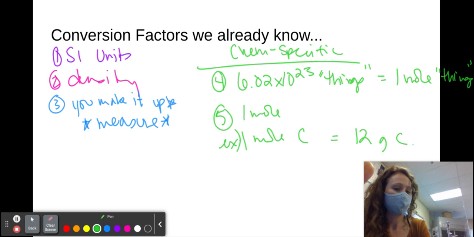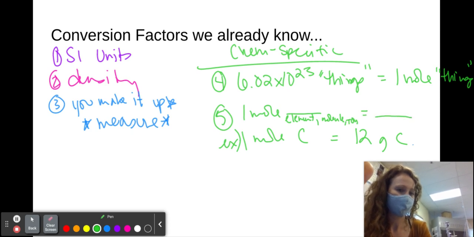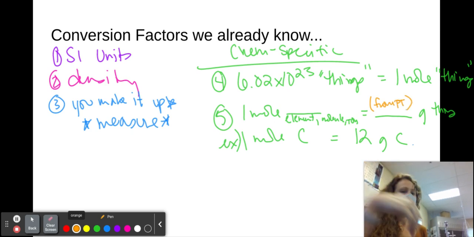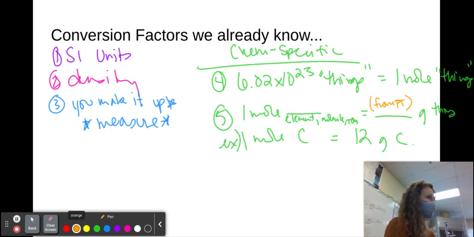So 1 mole of something, of an element, or a molecule, or an ion, equals the mass in grams of that thing. And that is from the periodic table. So we can go from moles to grams using what's on the periodic table.